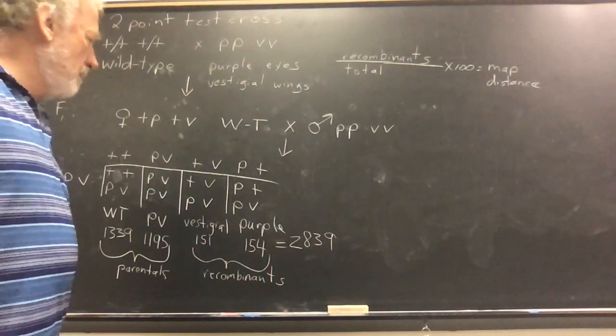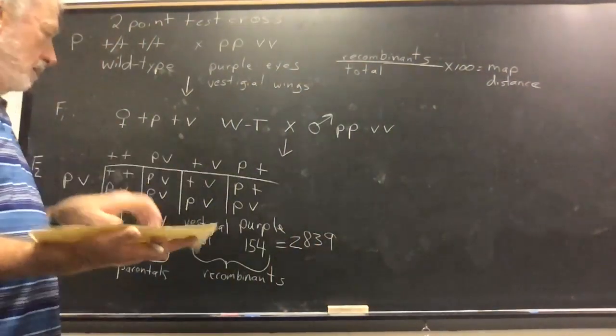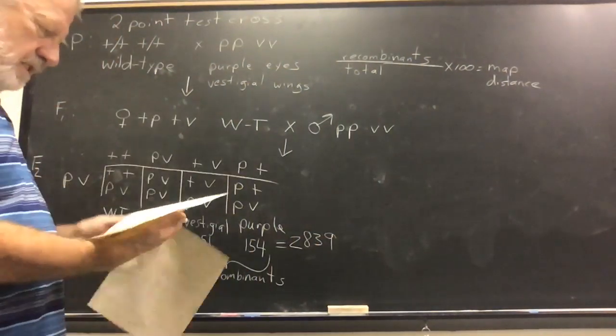So we can see here we've got 305 recombinants.